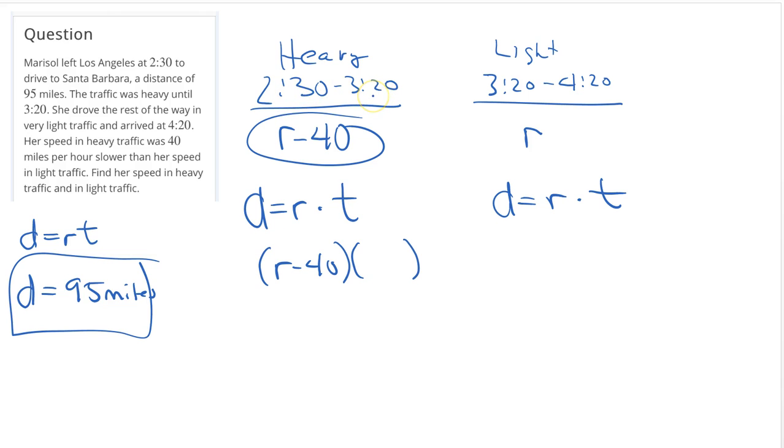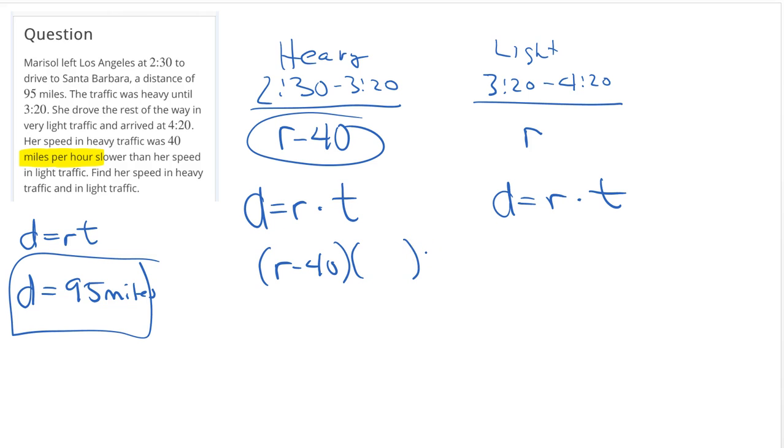Now, that's not a whole hour, right? It's 50 minutes. Our time needs to be in hours because our rate is in miles per hour. If you notice in here, it says 40 miles per hour. That's terribly important: our rate needs to be in miles per hour, which means our time needs to be in hours.